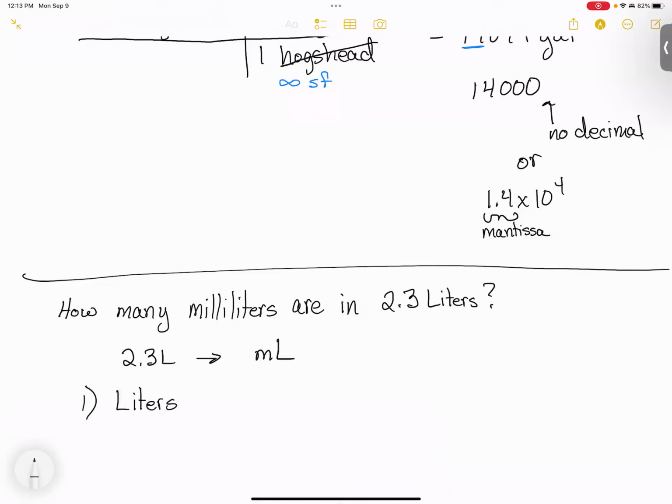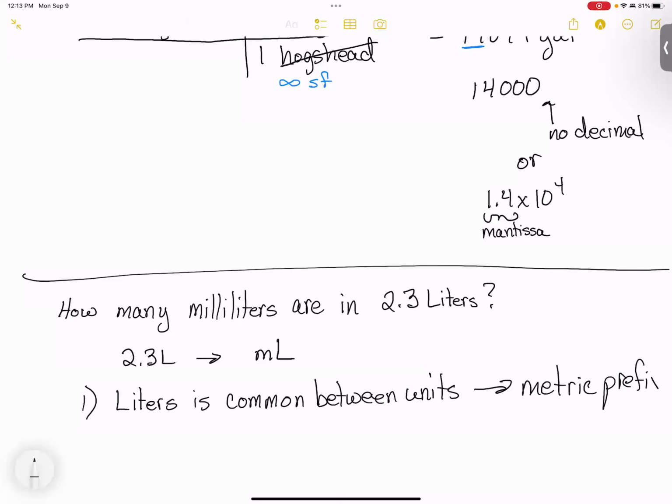The word liters is common between the two units. Because it is, that means that you're using the metric prefix conversions and you will have to pull this one out of your head.